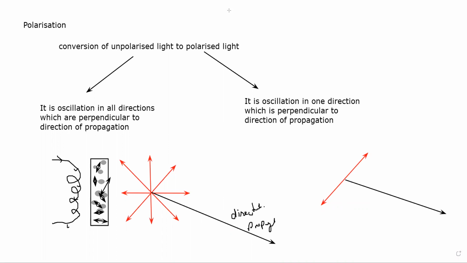The red one is representing the vibrations, oscillation, and the black line is representing the propagation. And this light which is having only one plane is called polarized light.